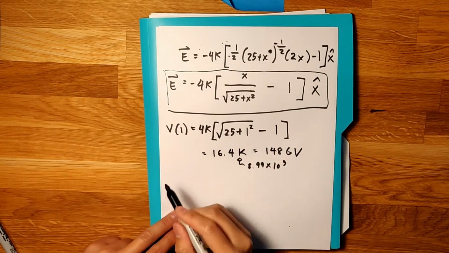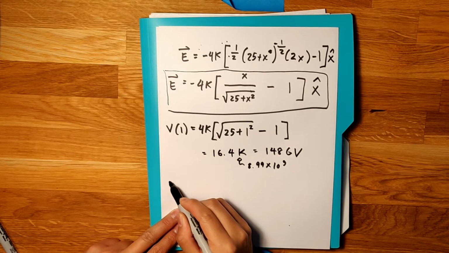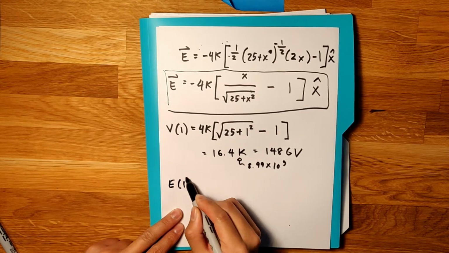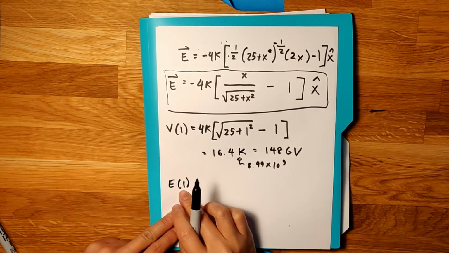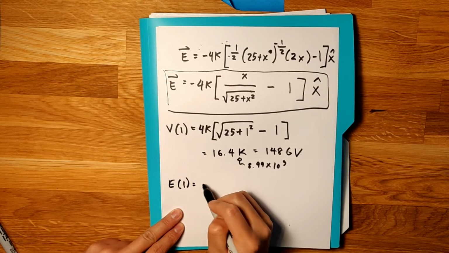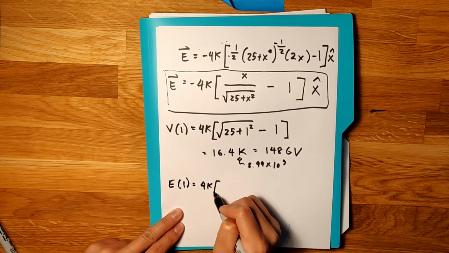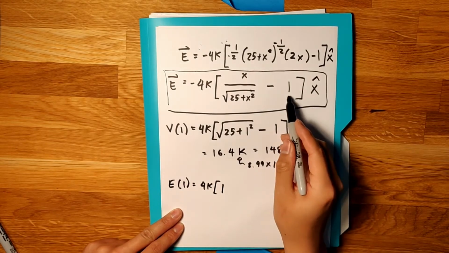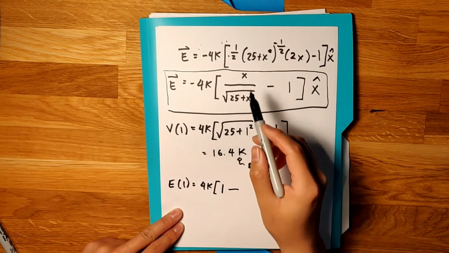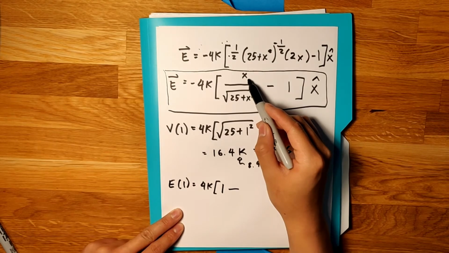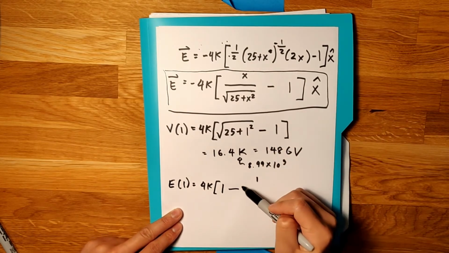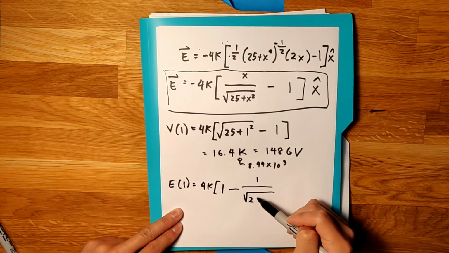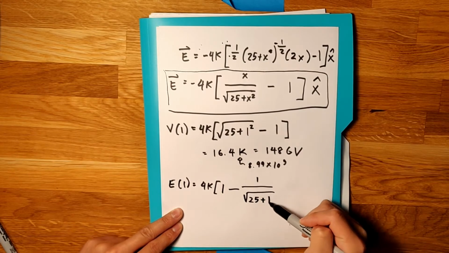And then the same method can be used for the electric field intensity, which will just be E of 1. We simply plug in 1 into our equation, which will give us 4k times (1 minus 1, if you plug in x equal to 1) over the square root of 25 plus 1 squared.